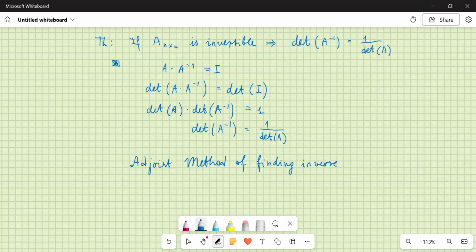So that's going to be method number 2, called the adjoint method of finding the inverse.